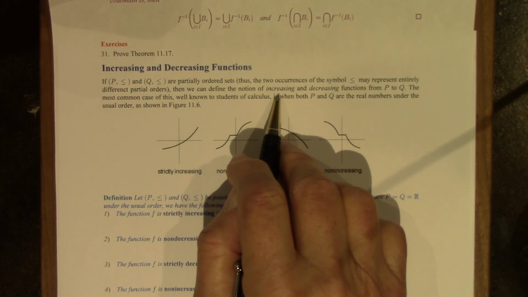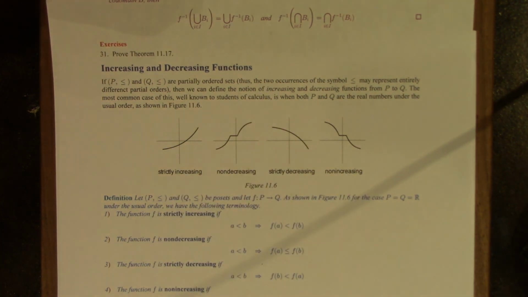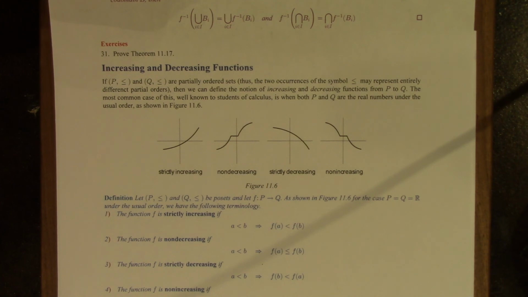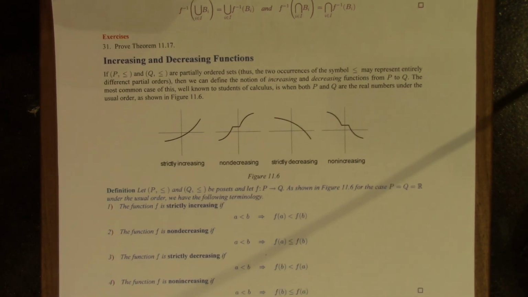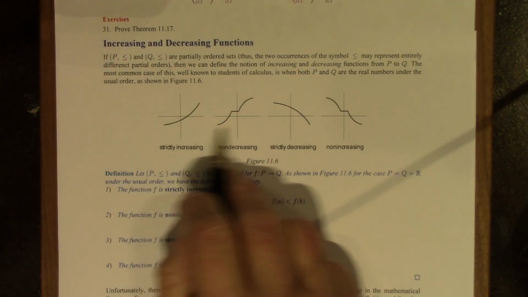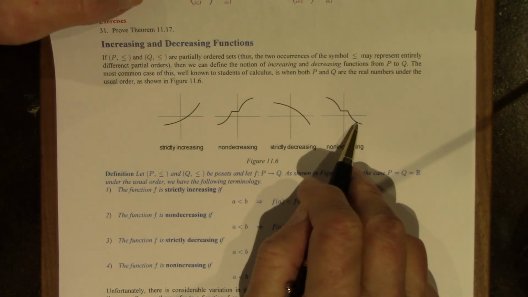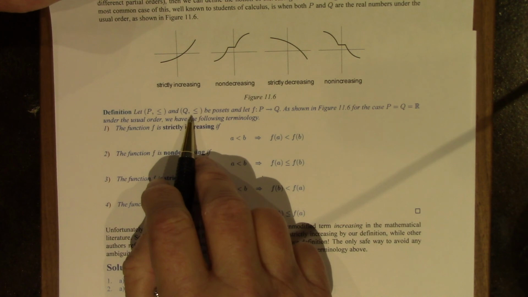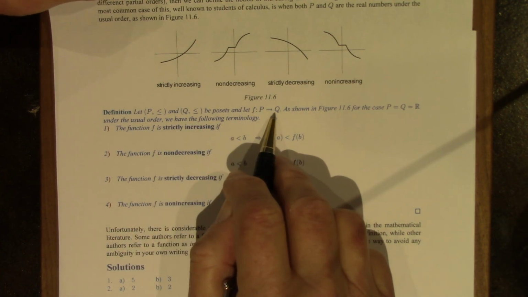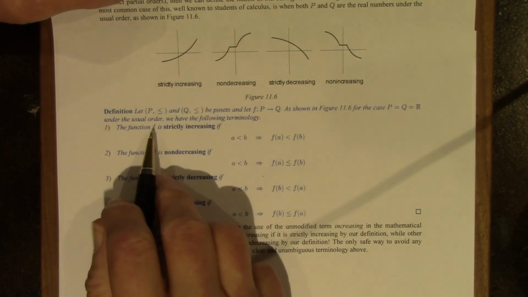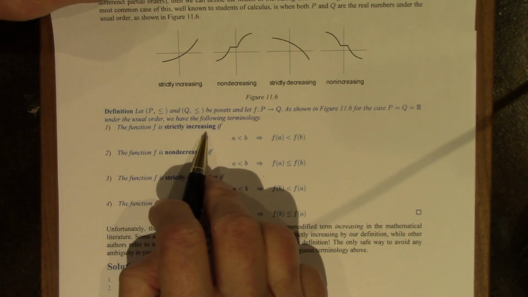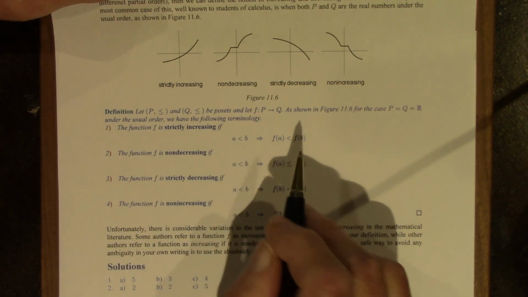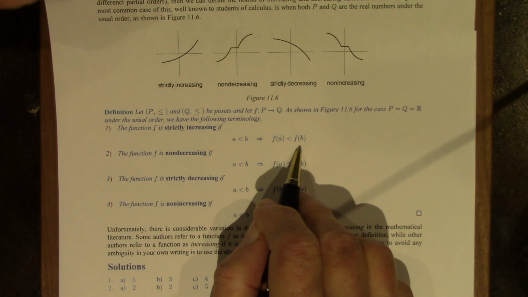So we can define what it means for functions to be increasing and decreasing, functions from P to Q. This is the picture you probably have seen in a calculus class, but here's the definition. So we have our two posets, and we have a function from P to Q. F is strictly increasing if a less than b implies f of a less than f of b.